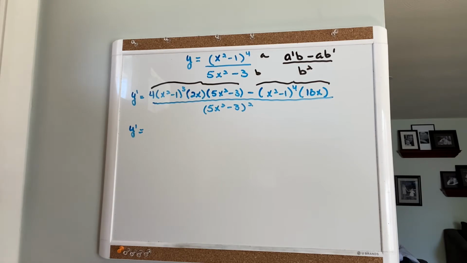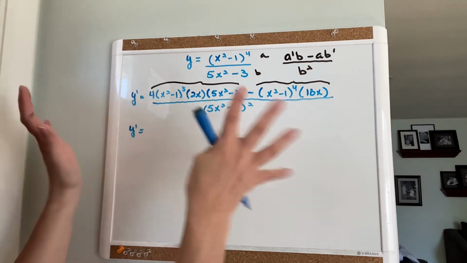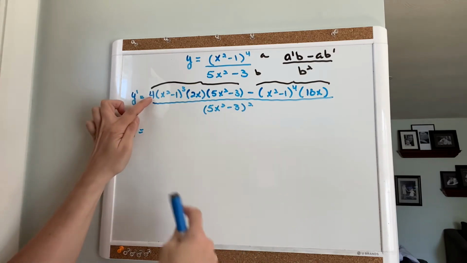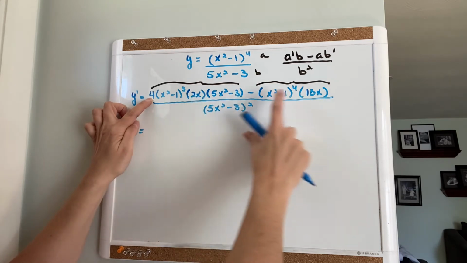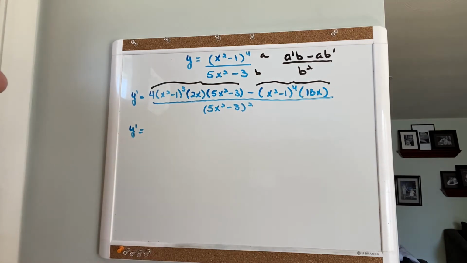Pay close attention. All right, so look, if I were to rearrange this, I don't have enough board space to do that, but do you guys see how if I multiply 4 times 2x, I would get 8x? So this term contains 8x, this term contains 10x. So I'm hoping that you guys recognize that 2x would be common to both terms.